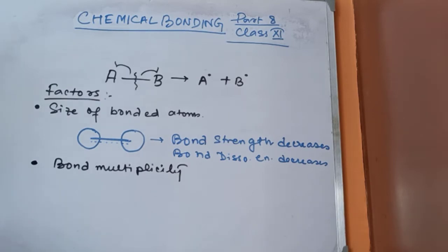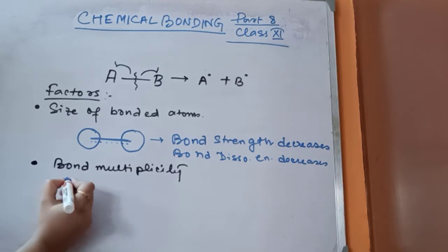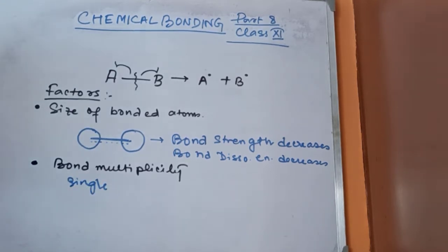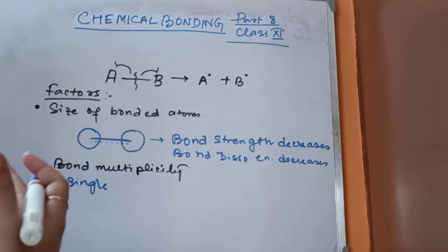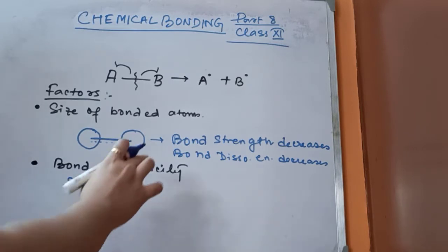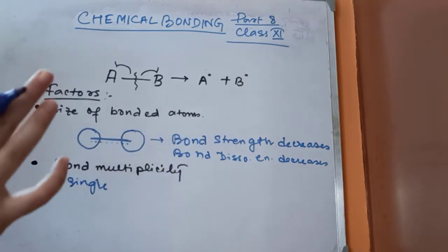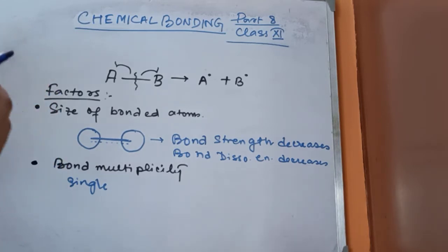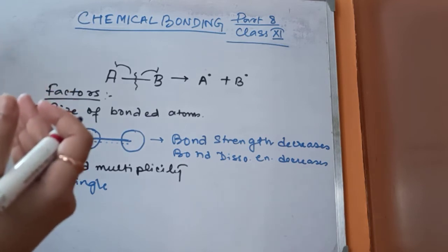Earlier, when I was explaining the factors of bond length, I told that a single bond has the greatest bond length, followed by double bond, and triple bond has the shortest bond length. So here I have said, when the bond length increases, the bond strength decreases, and hence the bond dissociation energy also decreases.